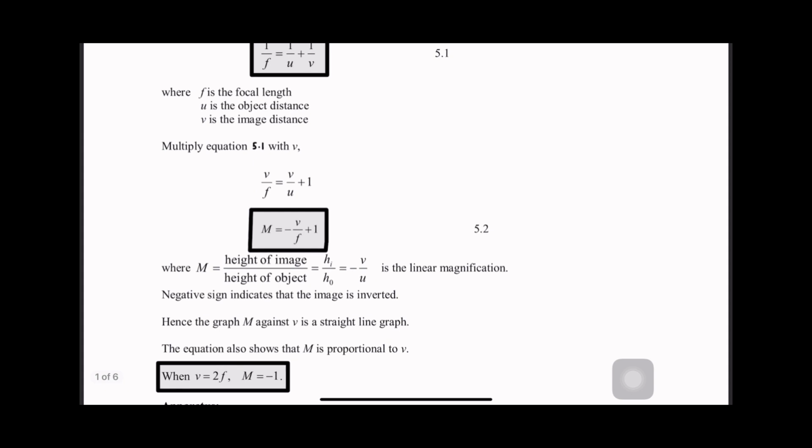Okay, multiply this equation 5.1 with v. We rearrange the equation because v over u is magnification. So we get m is equal to negative v over f plus 1.